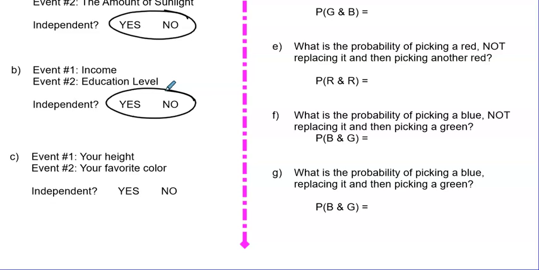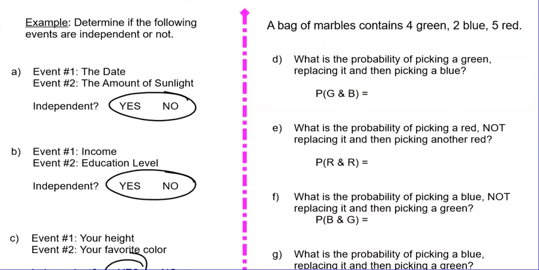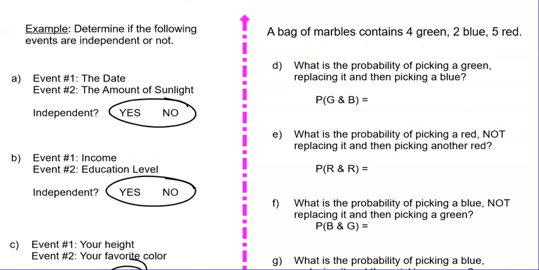But you could get 3 doctorate degrees and then decide you want to quit your high-end job and just work at McDonald's, because you won the lottery and now your income is low. So, not necessarily. Your height and your favorite color. Those are independent. One does not affect the other at all. That's for sure.